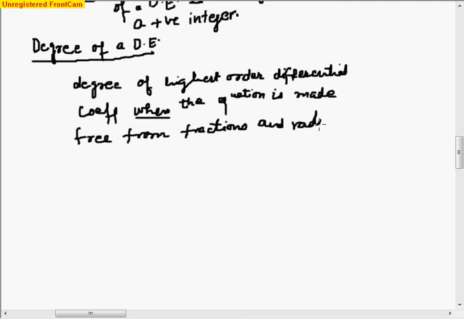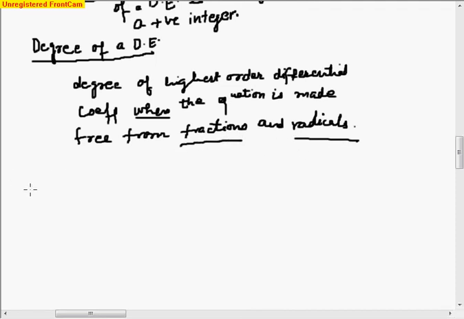What does that mean? It means that before deciding what the degree of a differential equation is, we need to make the differential equation free from fractions and radicals.